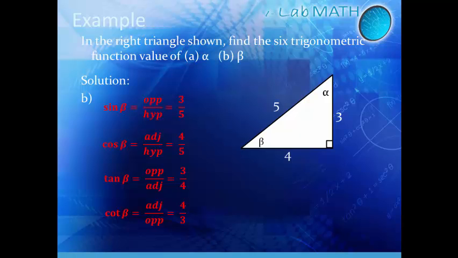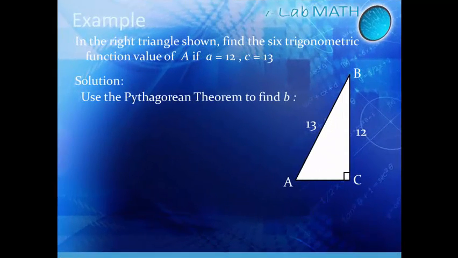Cotangent beta is just the reciprocal of tangent equals 4/3. Secant beta is just the reciprocal of cosine equals 5/4. Cosecant beta is just the reciprocal of sine beta equals 5/3.